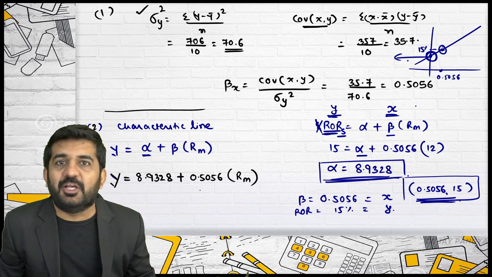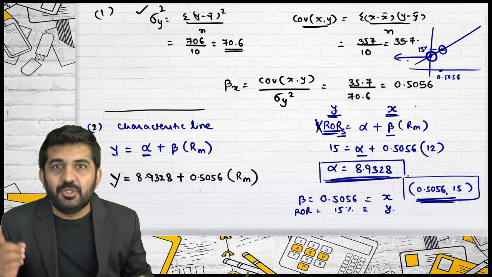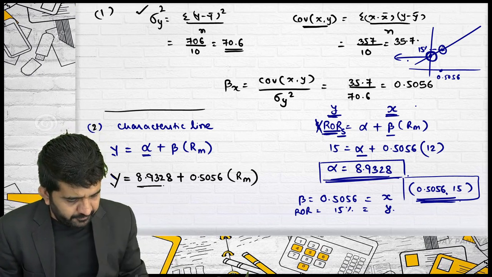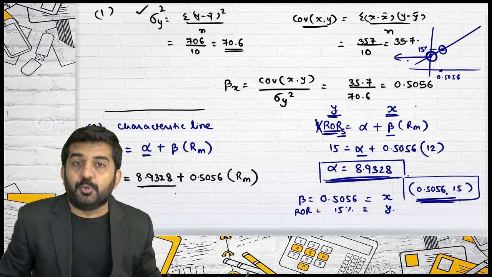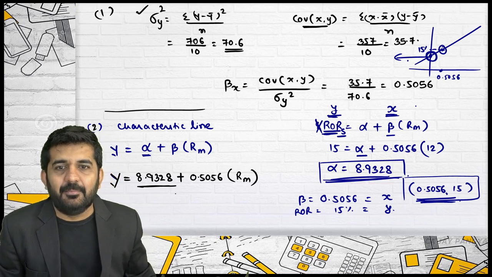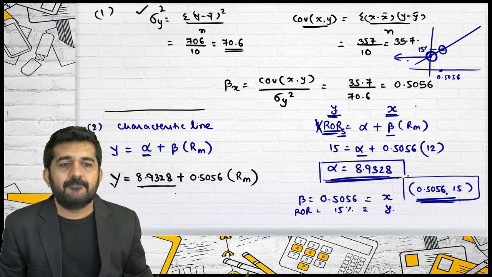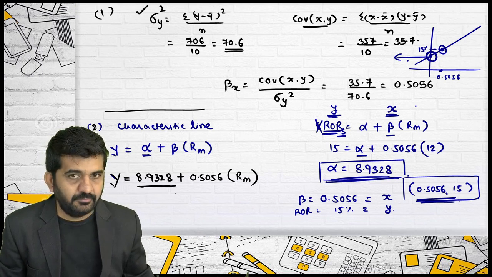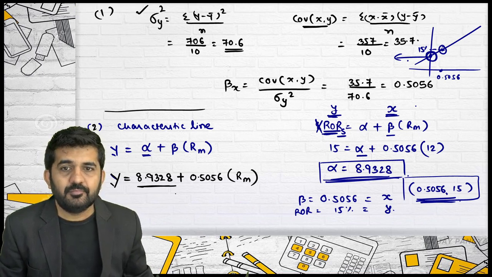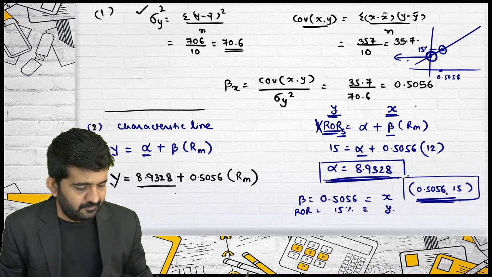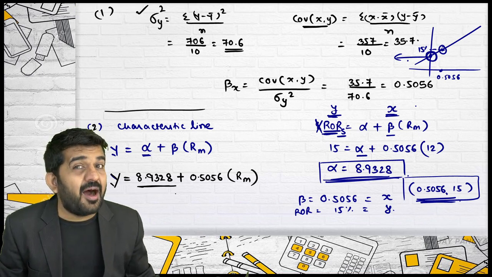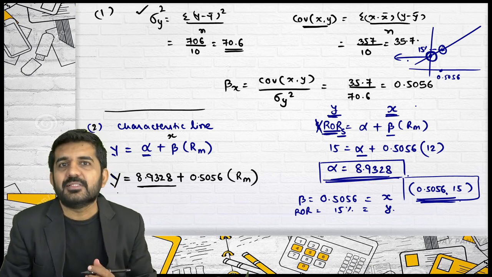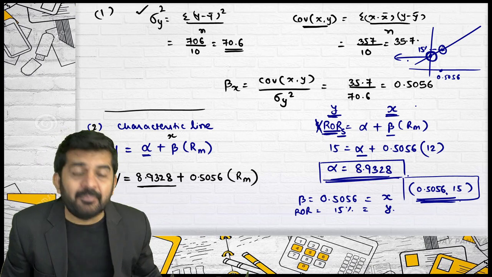Then only they will prepare the line. What is the origin? 8.9328. What is the scale, Mac? Think and give the answer. Scale will be RM, and not beta. Beta is X.